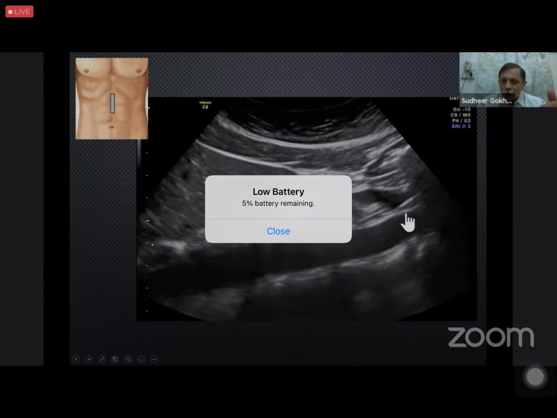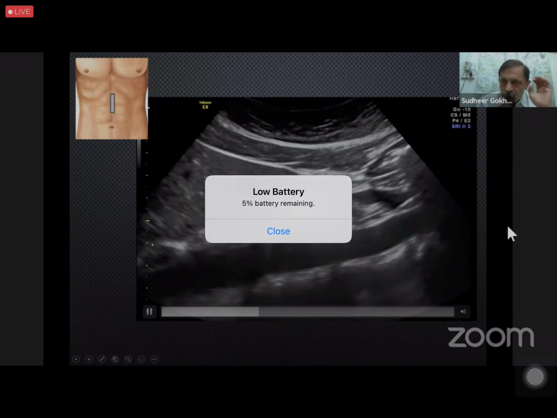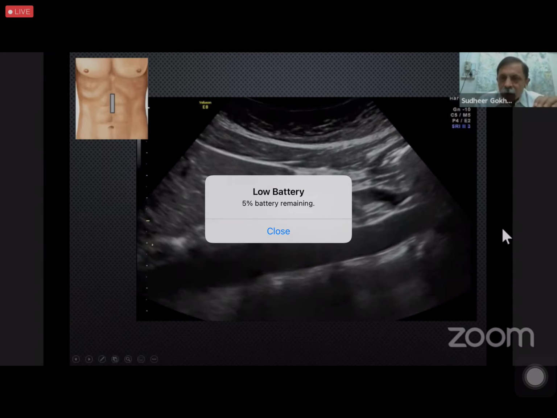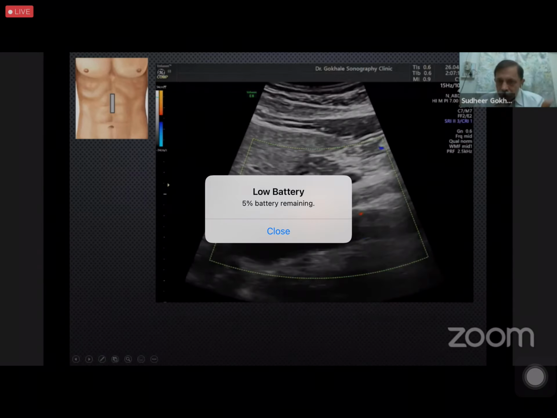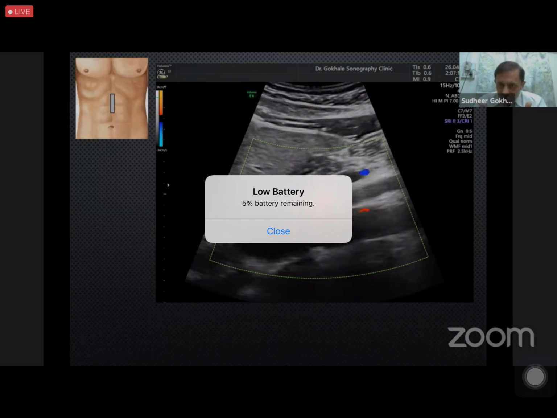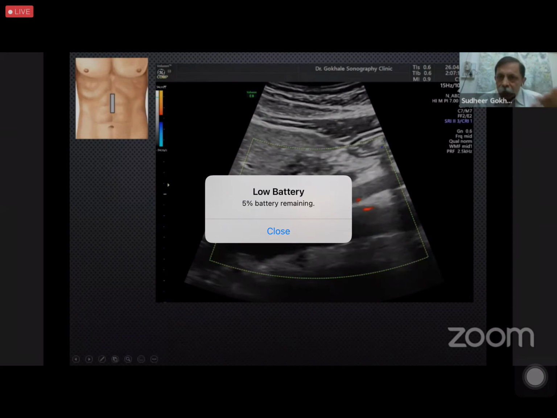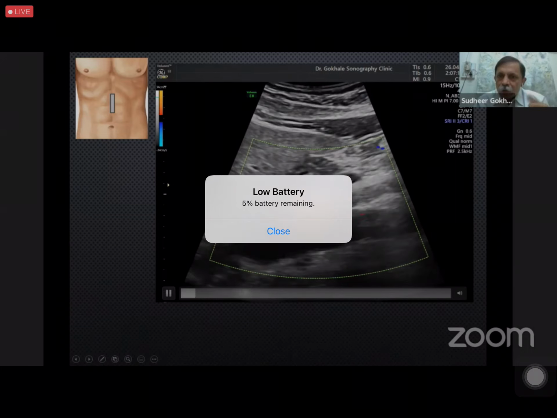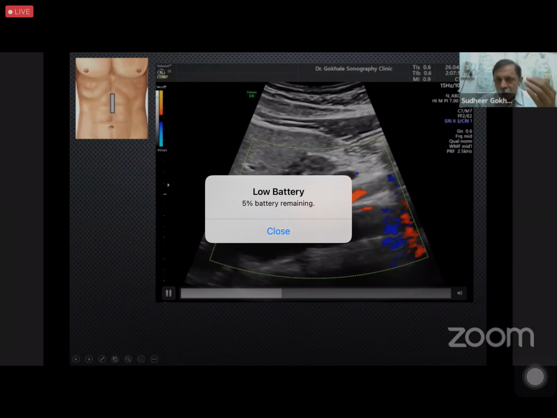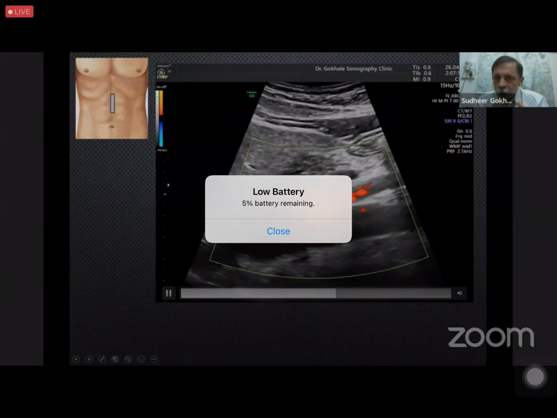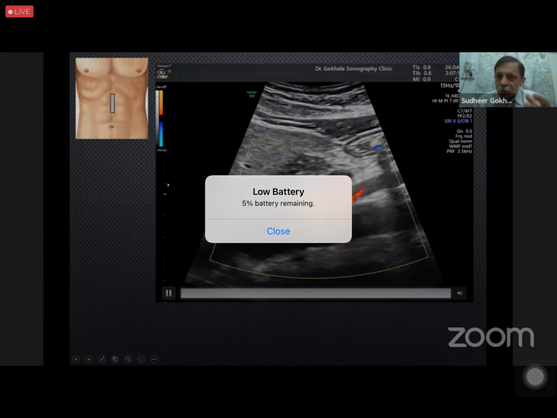So having done that on your 2D grayscale examination, only then will you switch on the color Doppler. Now, because these vessels are ventral branches, they are coming towards your probe, and therefore the Doppler signal pickup would be fairly good.